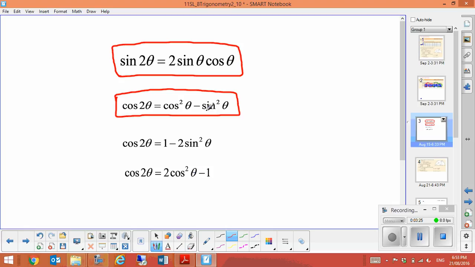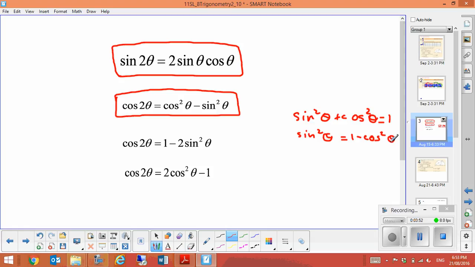But remember, we can rewrite these using that Pythagorean relationship. So remember that sine squared theta plus cos squared theta equals 1. That means sine squared theta equals 1 minus cos squared theta.